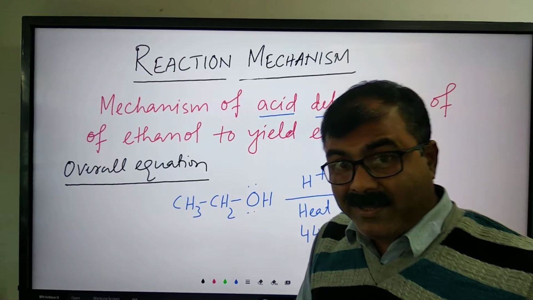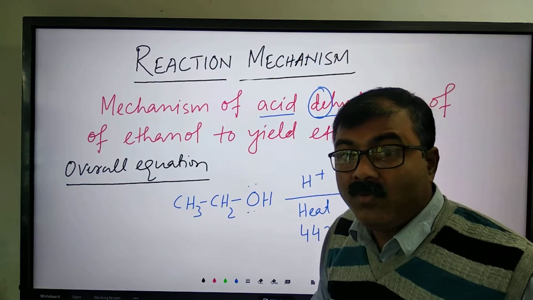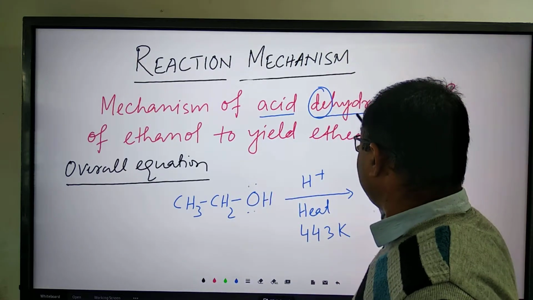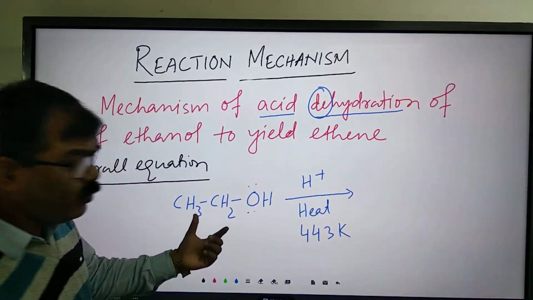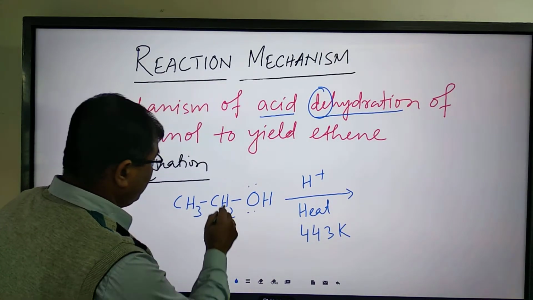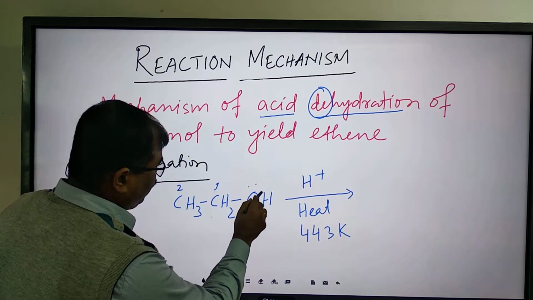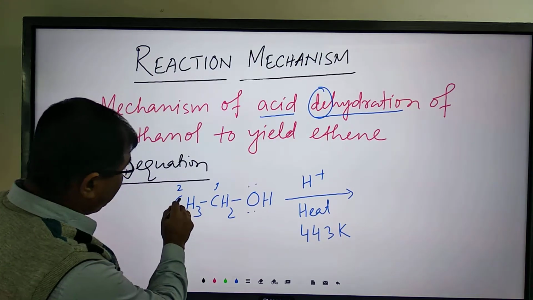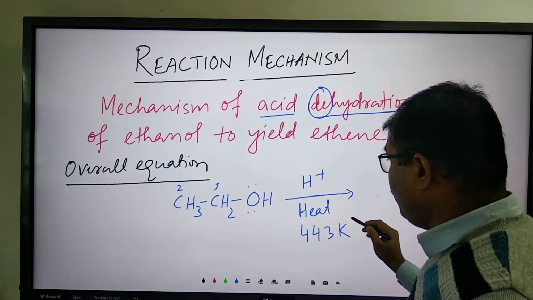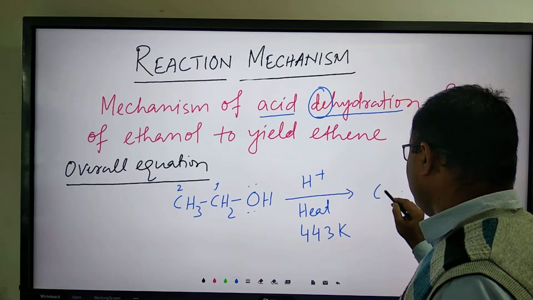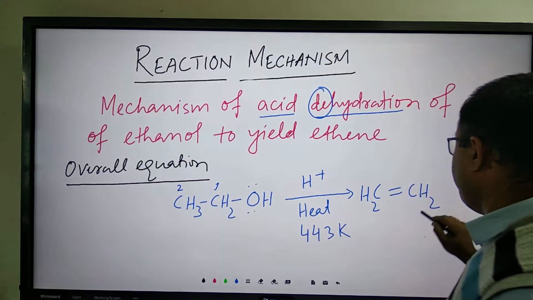Hydration means addition of water. Dehydration means removal of water. So in this equation, which water molecule will be removed? Suppose you have carbon number 1 and carbon number 2. From carbon number 1 the OH group will be removed, and from carbon number 2 one hydrogen will be removed, and as a whole one water molecule is removed, and you get the product ethene.